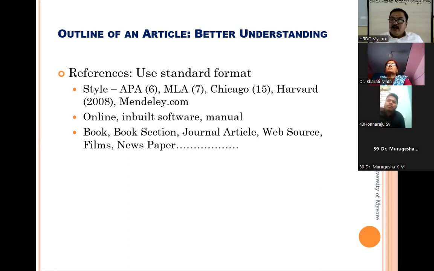The first thing I look into is whether they have given references properly. Giving references is very, very, very important. So therefore, you go to Word, go to reference, go to insert reference, see what all the different styles available are, and everything is inbuilt. You can follow them.